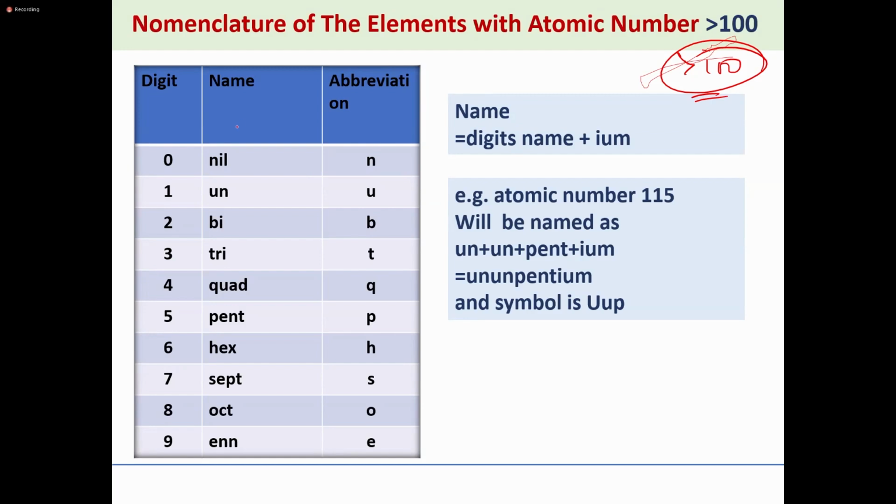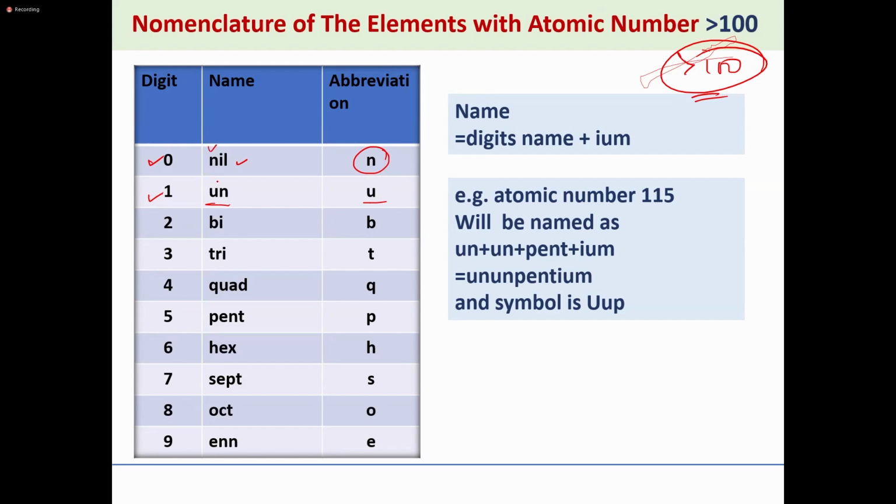What is that rule? For the digit zero, we say nil, and we put the letter n. For the digit one, the name is un, and we put the letter u.